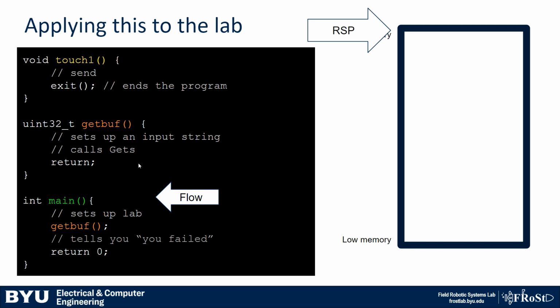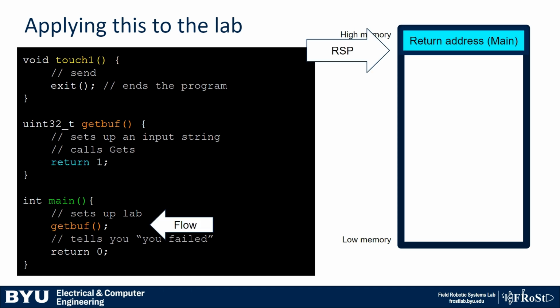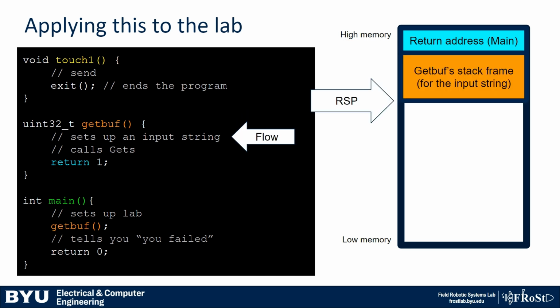So if we go through a normal execution of this lab, meaning that you didn't inject any code, what's going to happen is you'll get to main. Let's say main doesn't create its own stack frame. So it's going to call getBuff, it's going to put its return address onto the stack. GetBuff will execute, it'll create its stack frame, and it will call gets.